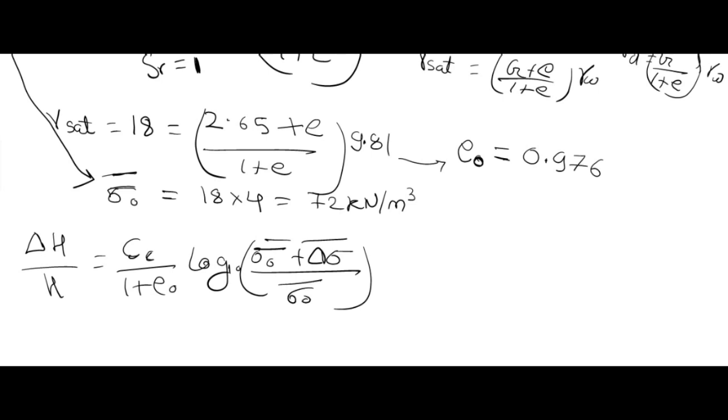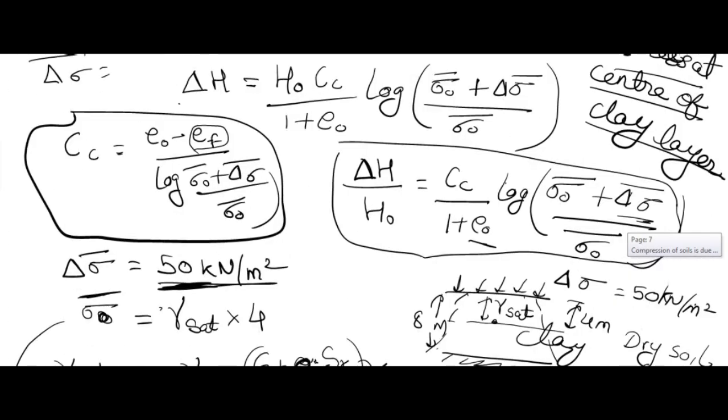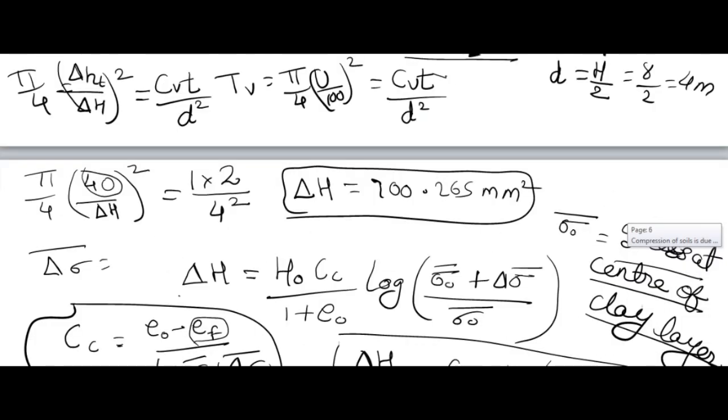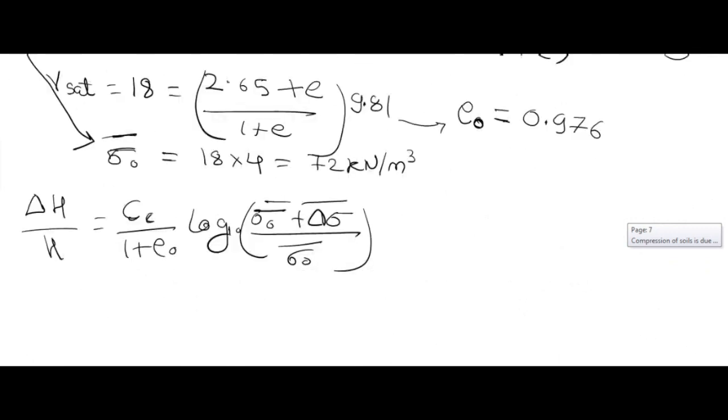The total consolidation settlement delta H we earlier found out, that is 100.265 mm. The total height is 8 meters, that is 8000 mm.